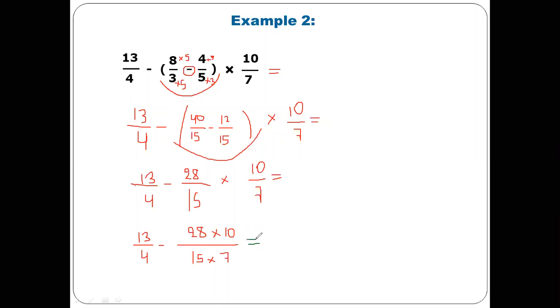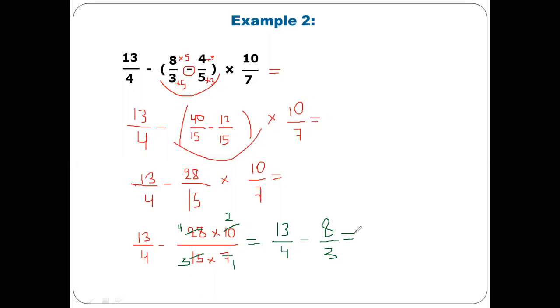Equal 13 out of 4 minus 10 and 15 can be simplified by 5 to 3. 28 can be simplified by 7 to give 4, and 7 divided by 7 is 1. I'm gonna get 8 out of 3 because I cannot simplify anymore.